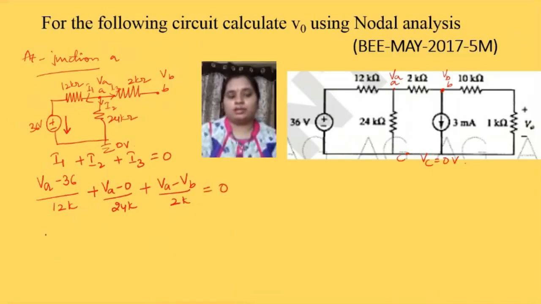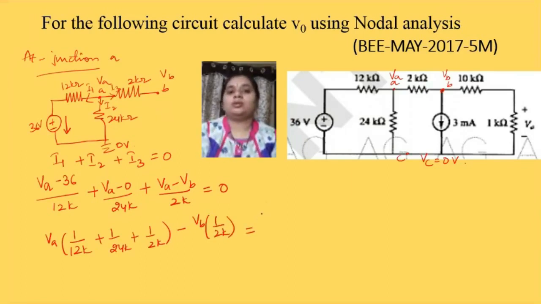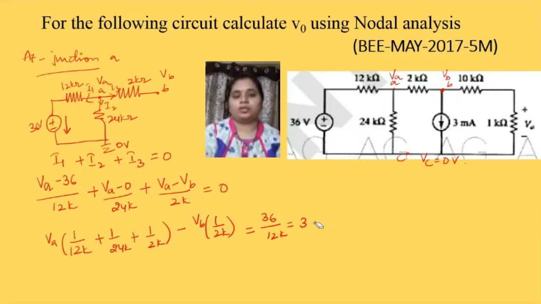So we write the equation with VA terms together: 1 by 12K plus 1 by 24K plus 1 by 2K, minus VB into 1 by 2K, equals 36 divided by 12K, which is 3 milliamp, or 3 into 10 power minus 3.